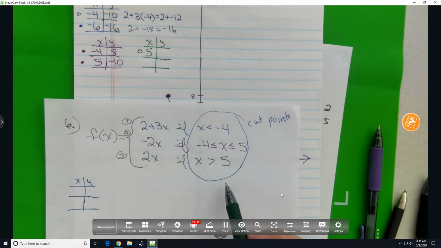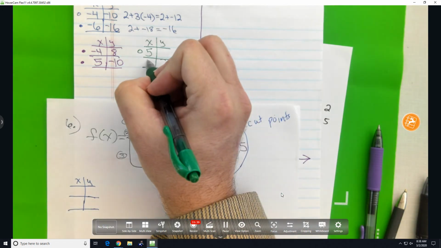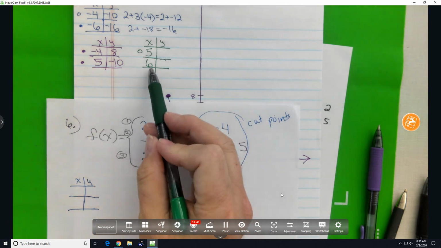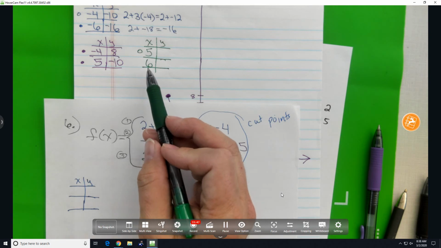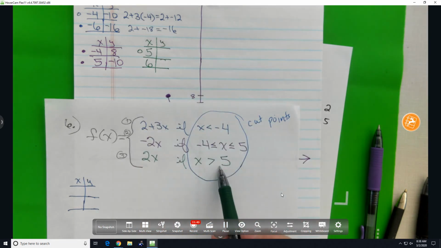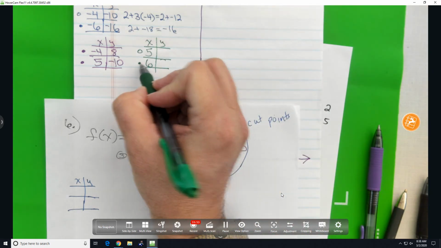No, 0 isn't bigger than 5. Let's use 6. Is the second point going to be an open circle? No, anything you choose on your own has to satisfy the inequality, so it's going to be a regular closed dot.